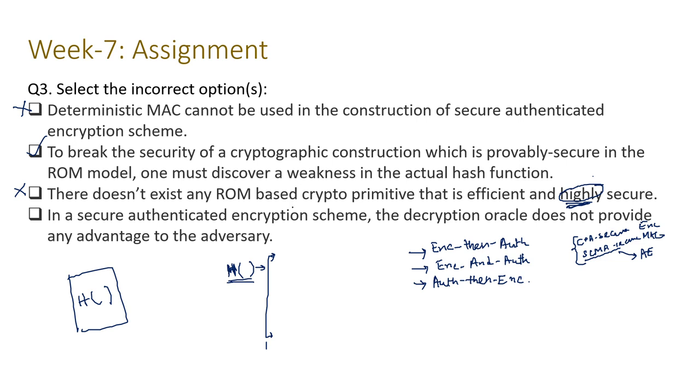There is a clear gap between a theoretical construction and a practical construction. In theoretical construction we assume a random oracle model. We do not specify how we are going to realize that random oracle model.